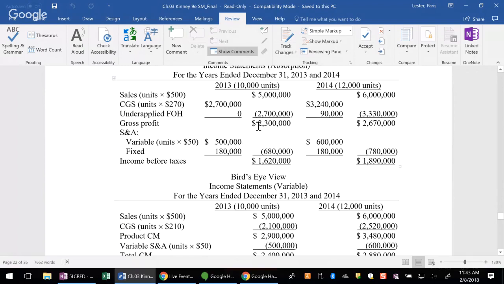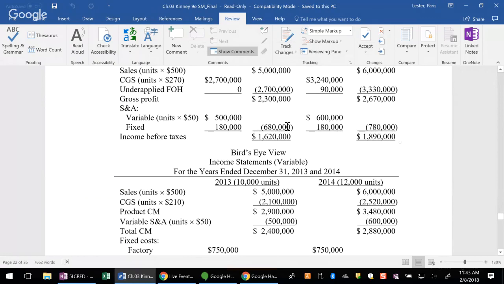Now, gross profit and contribution margin are two different things. Now we're going to take out variable selling, which is still 500, right? Now this is just total contribution margin. This is all variable costs.